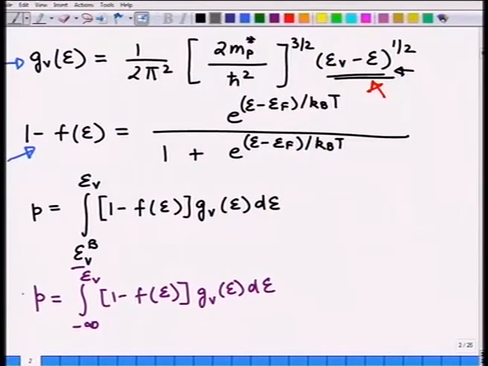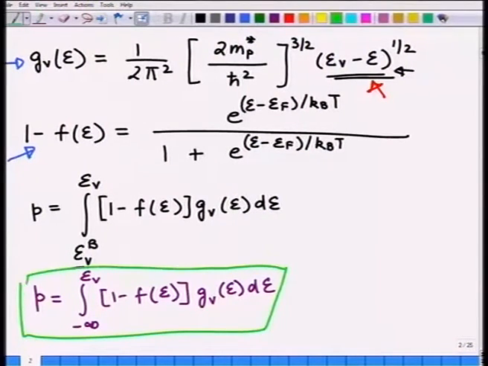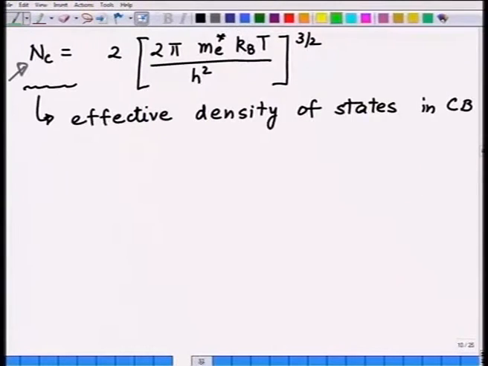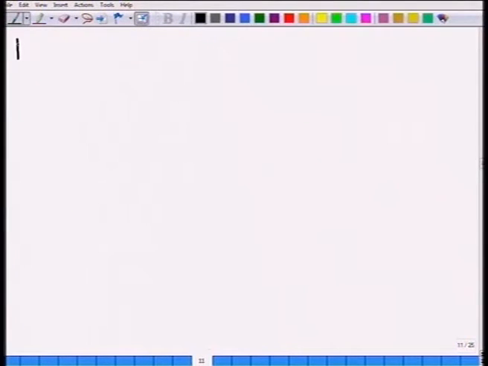What I mean is, now remember we are going to carry out this integration. I am going to want to do this integration 1 minus F_e multiplied by g_V(E). So, then I am going to substitute 1 minus F_e like this and g_V(E) like this, is what we need to substitute in there. So, if we carry out this integration, let us see what happens for p. So, if you calculate p, similarly we will get an equivalent expression, and then we will handle both these things together.